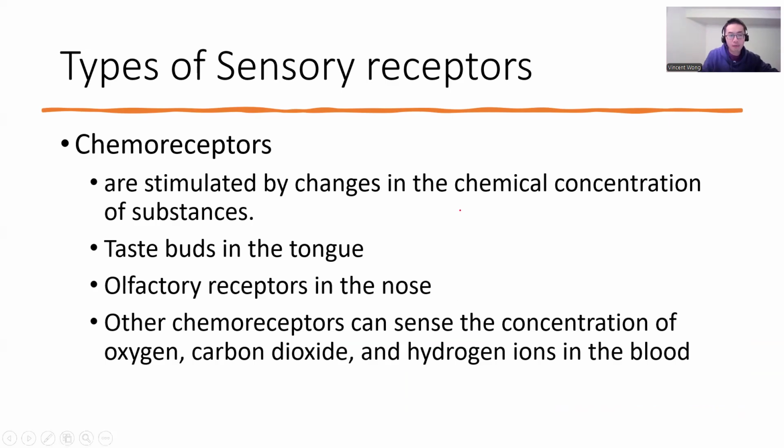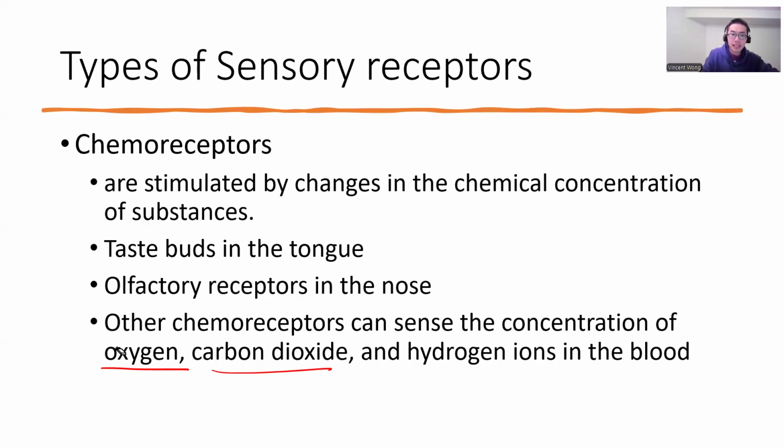In the nose, we have receptors for different types of scent molecules. And as we will see, a combination of these scent molecules would activate what we call an odor signature pattern in the receptors, and that gets sent to the temporal lobe of the brain. More on that later. Other types of chemoreceptors can detect changes in oxygen level and carbon dioxide level.